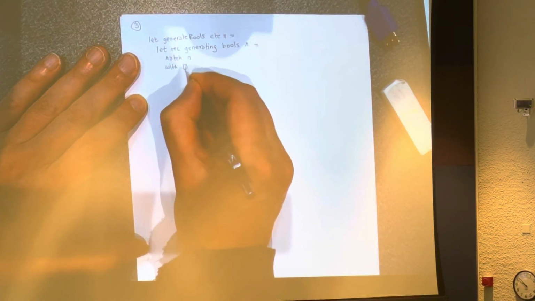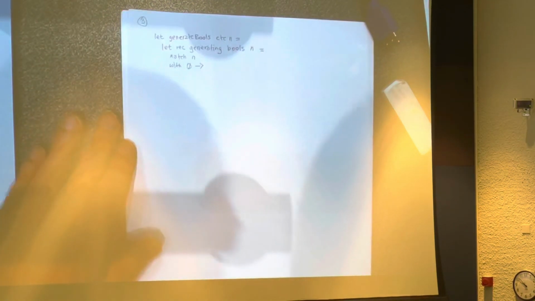And what if n is 0? Well, 0 is going to mean, in this case, that I have finished generating my list. So n is actually going to be the number of elements that remain to be produced.